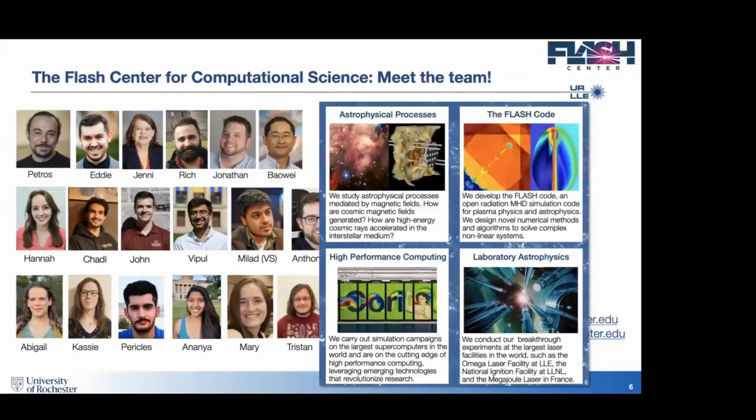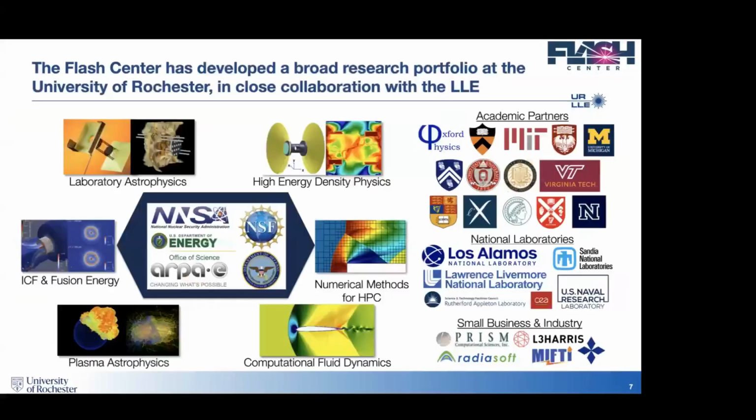So the idea is I can generate conditions in the laboratory that can inform how the astrophysical process actually works. Think of it as trying to eke out the physics of astrophysics.